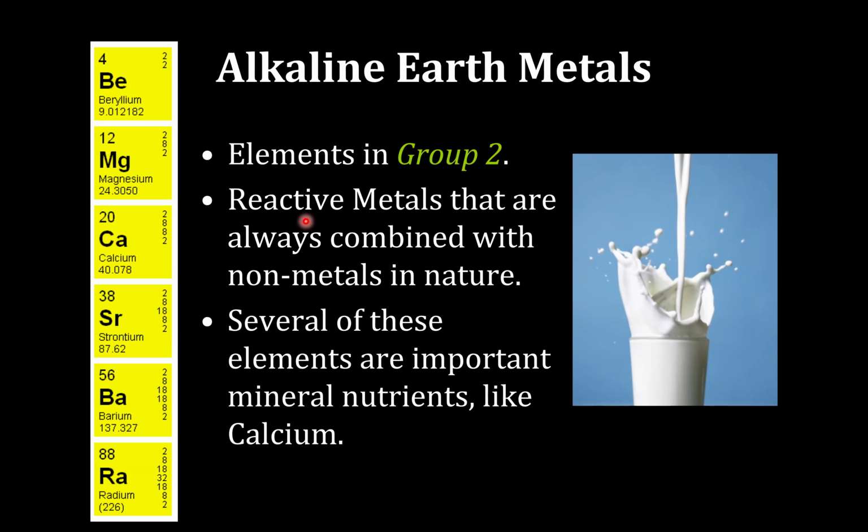So your bones are made out of calcium. A lot of calcium in the bone, human bones, animal bones. They pretty much make the same, similar calcium. Majority of them are calcium. So several of these are mineral nutrients. Some of the alkaline earth metals are some of the most important mineral nutrients.